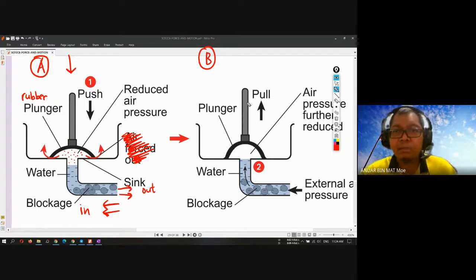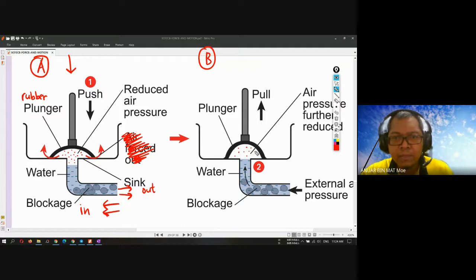And then the second picture, the second action, where you want to pull the plunger. So what happens to the air particles inside? What happens to the volume? The volume inside becomes larger, and then what happens to the air pressure, increase or decrease inside B?